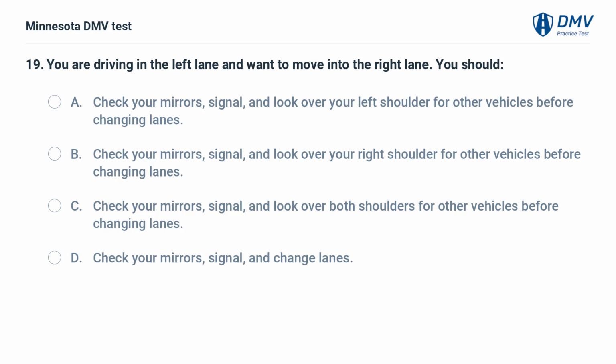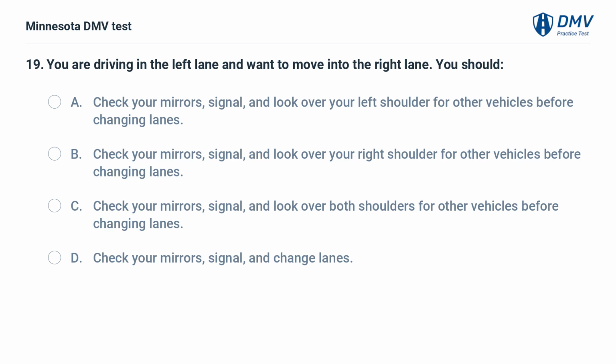You are driving in the left lane and want to move into the right lane. You should A. Check your mirrors, signal, and look over your left shoulder for other vehicles before changing lanes. B. Check your mirrors, signal, and look over your right shoulder for other vehicles before changing lanes. C. Check your mirrors, signal, and look over both shoulders for other vehicles before changing lanes.